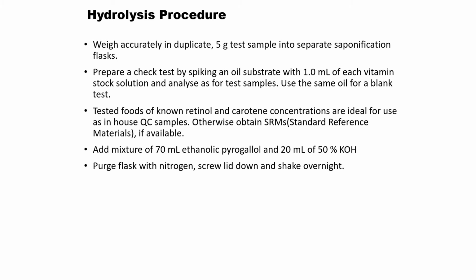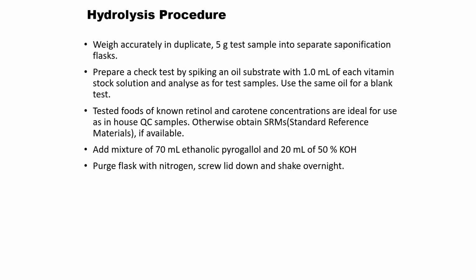So the hydrolysis process. Class, basically 5 gram of the tested sample, you must weigh into the separate saponification flask, then prepare a check test by spiking. So basically we have to spike an oil substrate; in the sample we have to spike 1 ml of each vitamin stock solution and analyze it as the test sample, and we must use the oil sample without added vitamins as a blank sample.